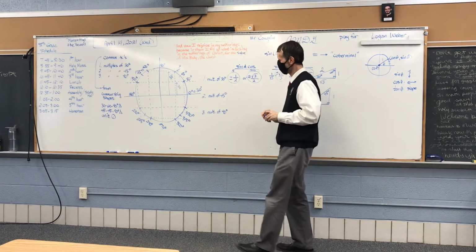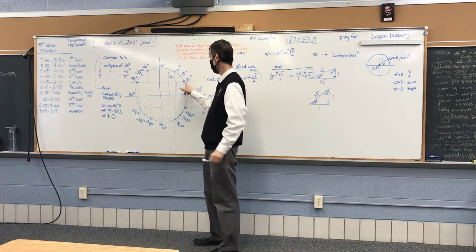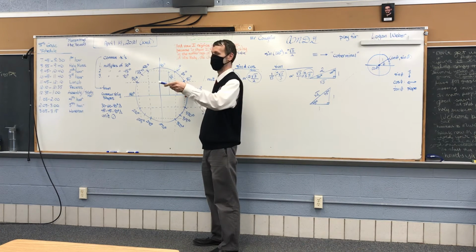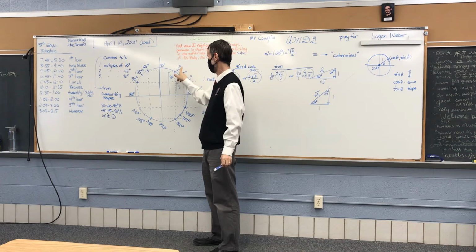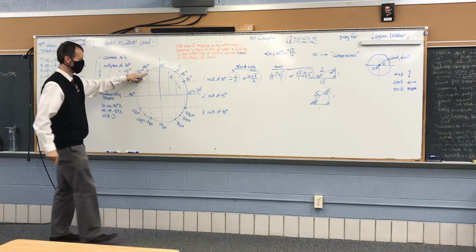So, ready? First thing, I'm calling people at random this time. Sophie, what is the tangent of 30? Radical 3/3. Noah, radical 3. Jack, negative radical 3.